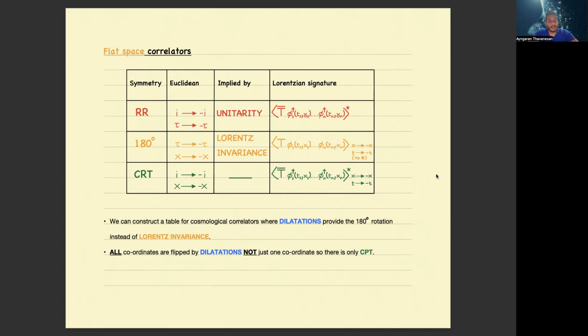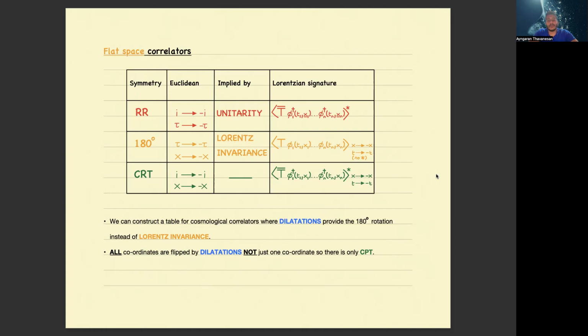And now we can similarly construct a table for cosmological correlators and cosmological observables, such as the wave function. But instead of the 180-degree rotation being provided by Lorentz invariance, we're going to find that it is provided by dilatation invariance, as we saw previously. And as I mentioned before, because dilatations expand all the coordinates, we end up flipping all the coordinates.